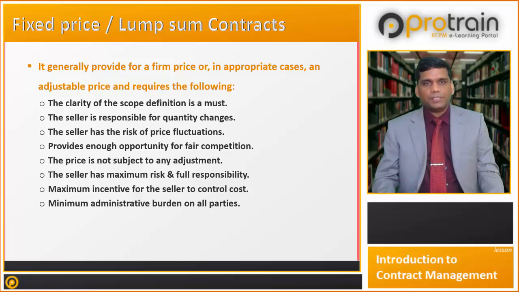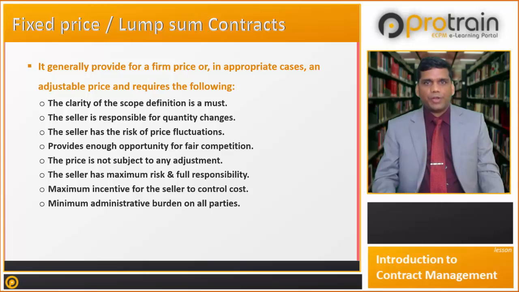In fixed price contract, price is not subject to any adjustment and the seller has maximum risk and full responsibility. Fixed price contract gives maximum incentive for the seller to control the cost and it gives minimum administrative burden on all parties, especially to the employer.